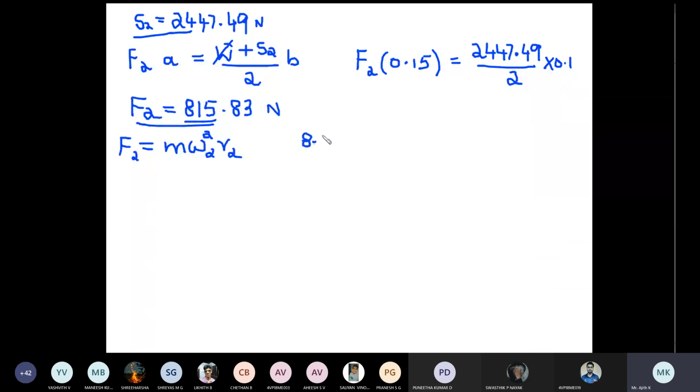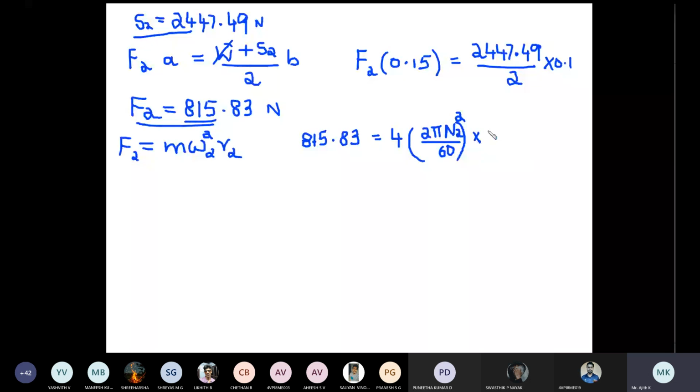Substitute all the known values again. 815.83 is equal to small letter m, which is 4 kg, into omega, which is 2 pi N2, whole square, where N2 is unknown, you have to find out, into R2.